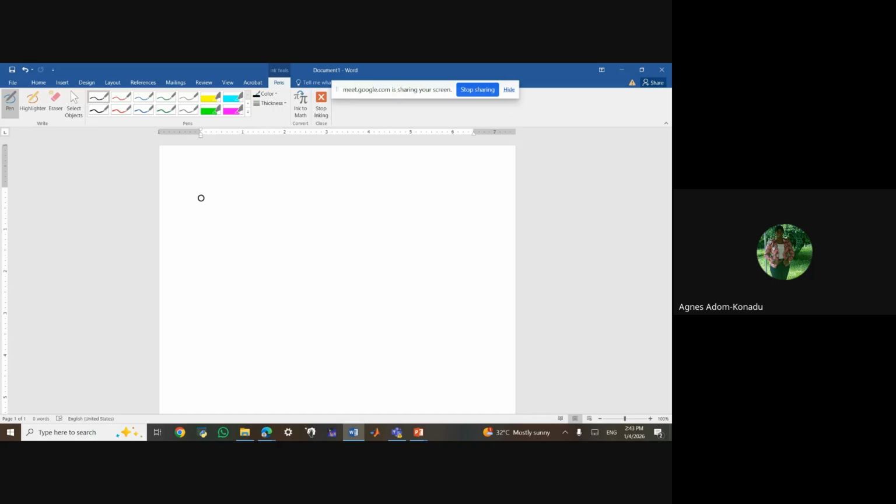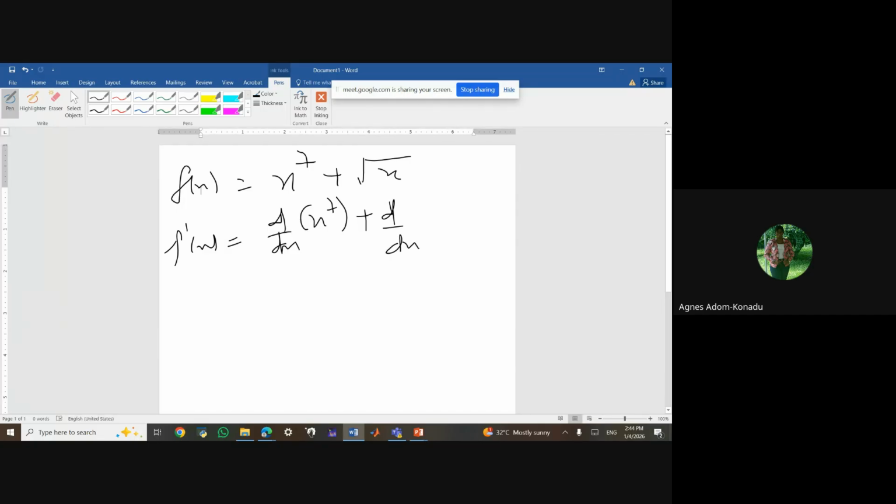Okay, so I have the function f of x is equal to x to the power 7 plus square root of x. By the sum rule, f prime of x will be equal to d dx of x to the power 7 plus d dx of root x.